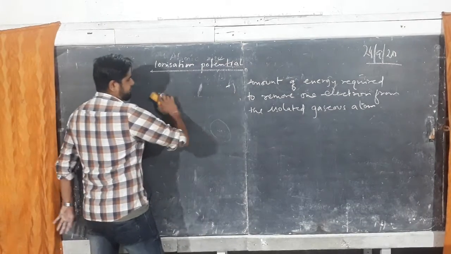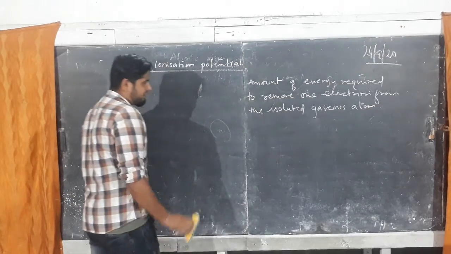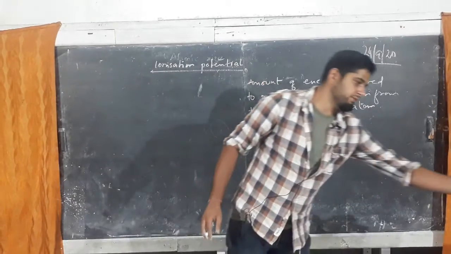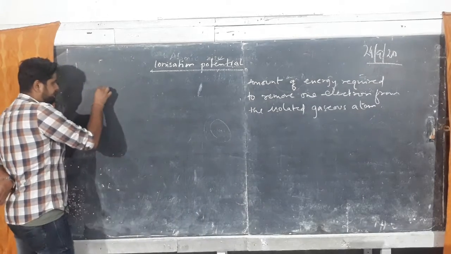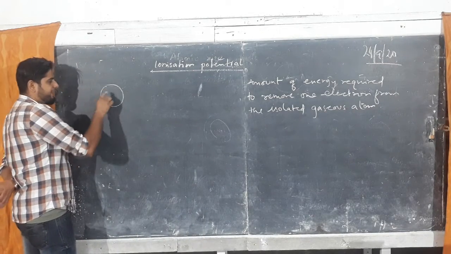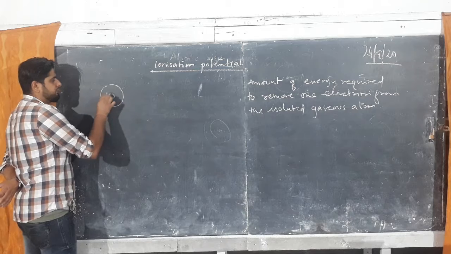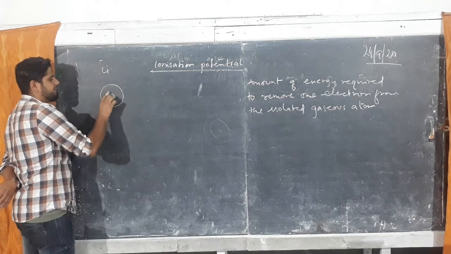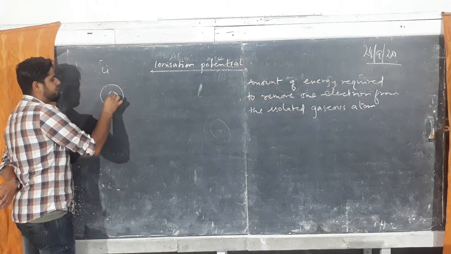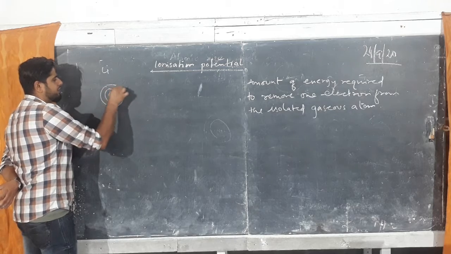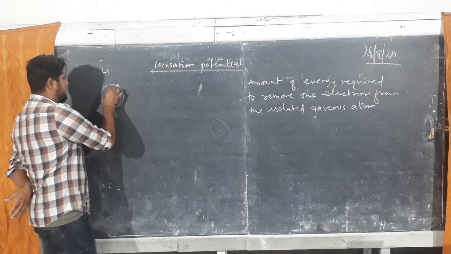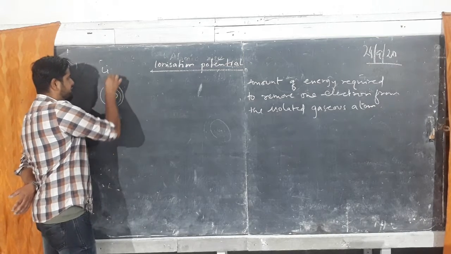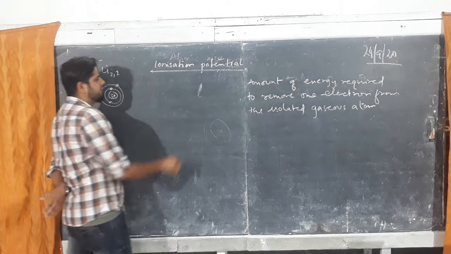Now see, since it is the amount of energy required to remove an electron, suppose we have a bigger atom as compared to lithium, same example, that is 3 plus, first shell and second shell. In the second shell we have one electron, in the first we have two electrons, that is 3, 2 comma 1, yes or no?